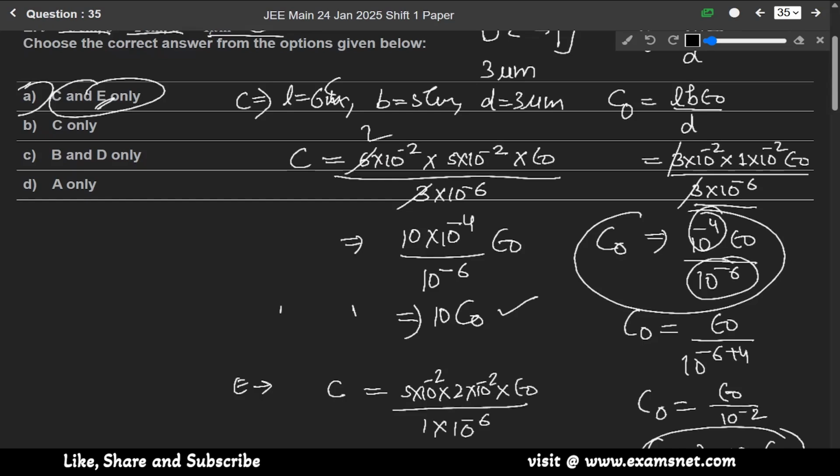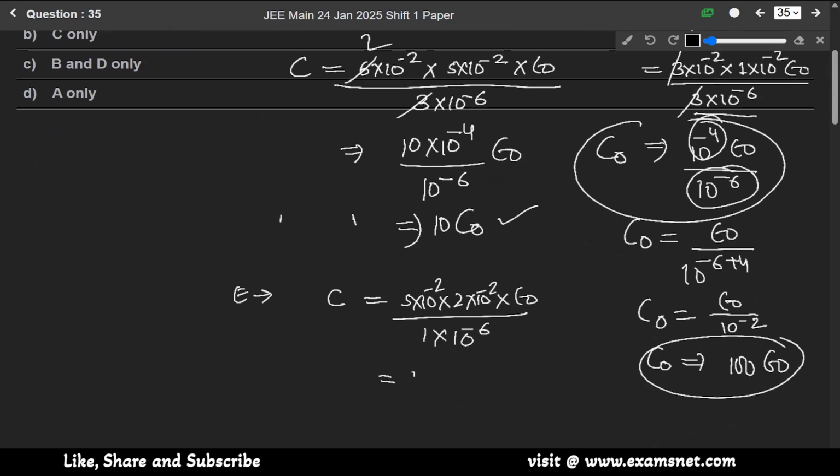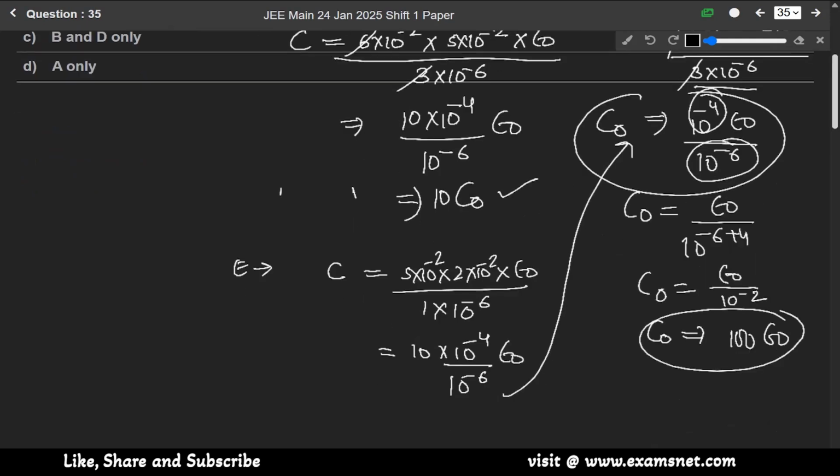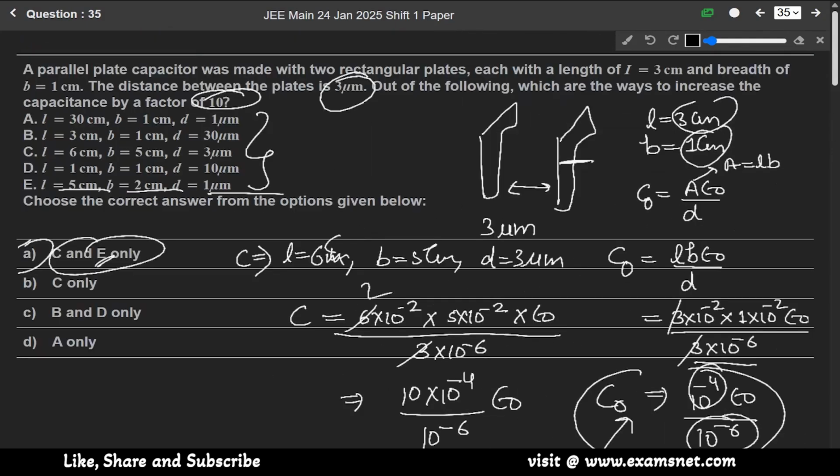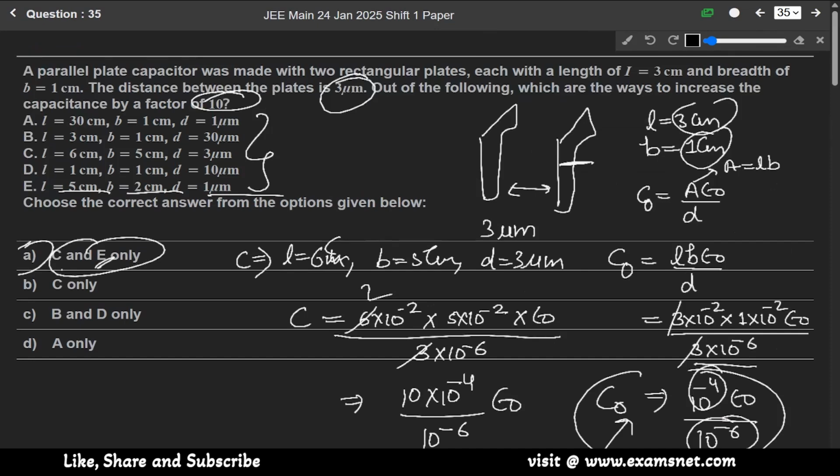So when we check it, we get 5 to the 10 into 10 to the power minus 4 over 10 to the power minus 6 epsilon naught. Again, it is like this, so C will be equal to 10 C naught. So it means these C and E are both correct. So option A is the correct answer.